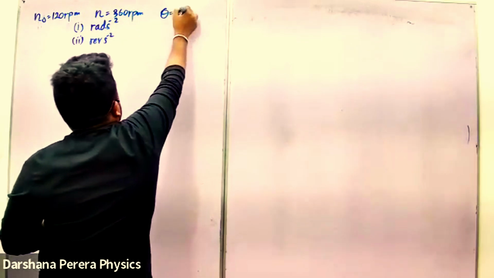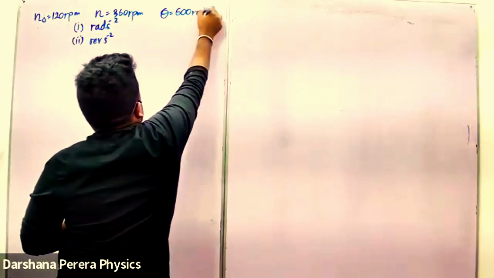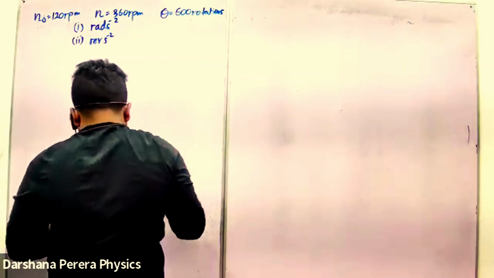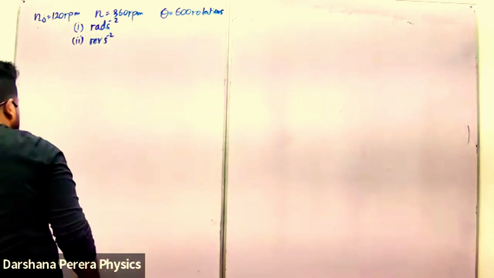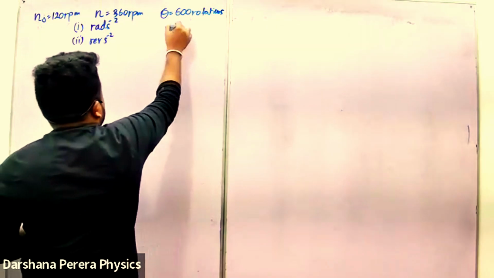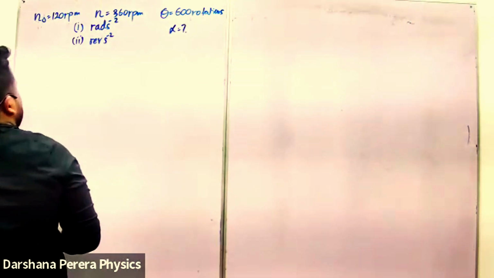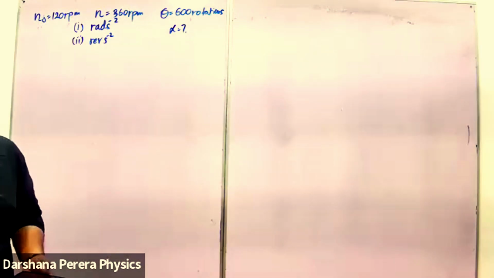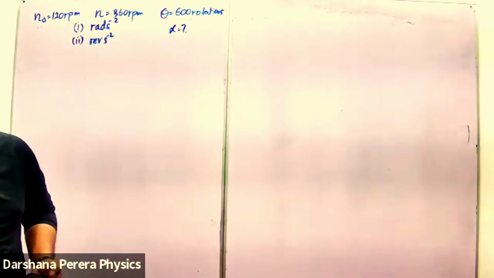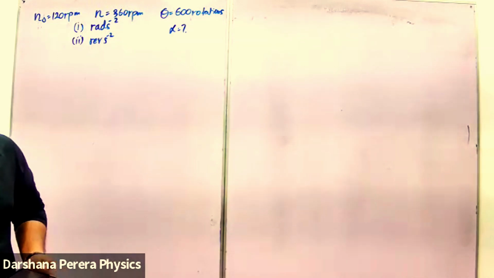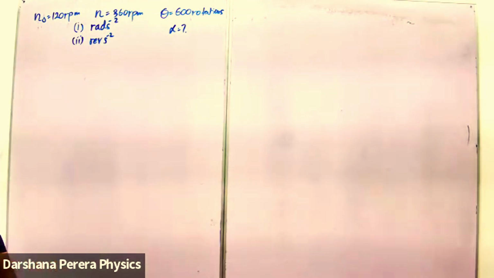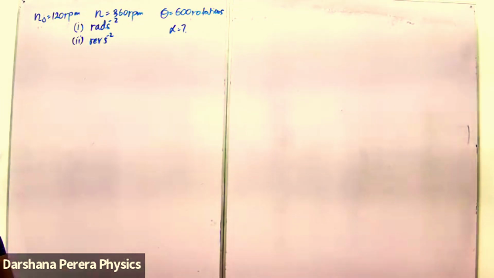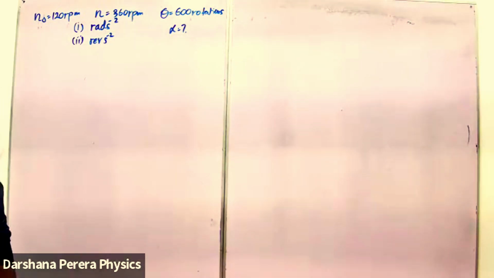Theta equals 600 rotations. What is the alpha? Right. Find out. What is the value?